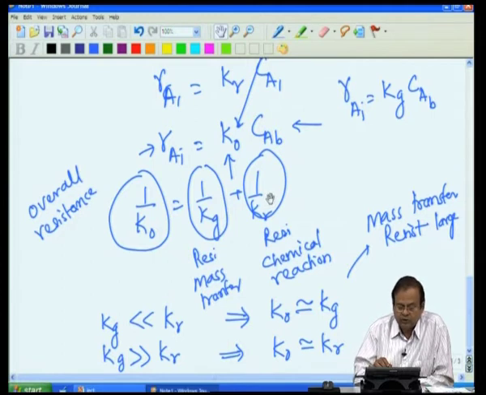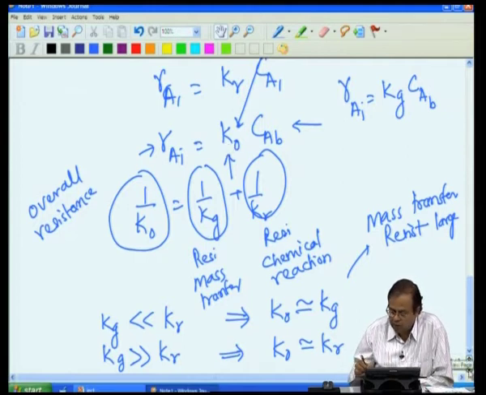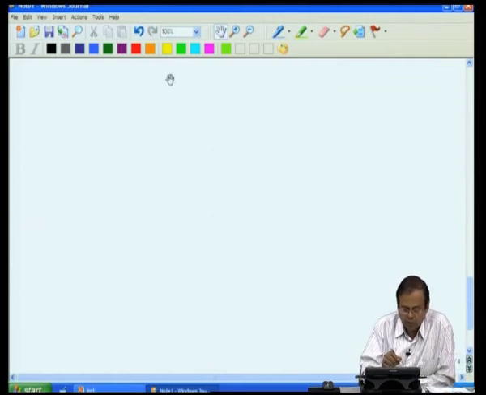I will also emphasize that because of mass transfer resistance, our overall observed rate constant is different. Let me reiterate this point, because this is an important idea which we will be using time and again.